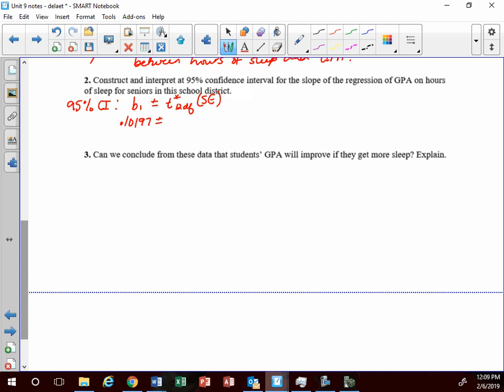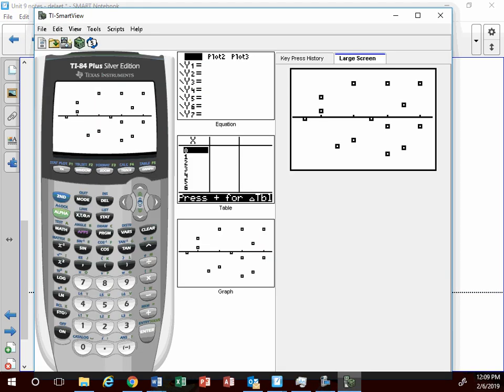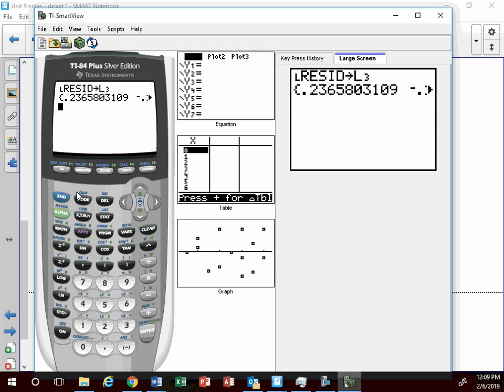Okay, critical t value with 12 degrees of freedom. Do you remember how to find that? It is inverse t. Where's the inverse t, guys?